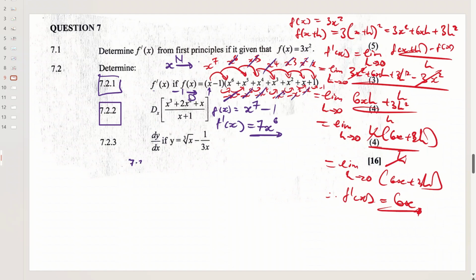This is 7.2.2. You're given x cubed plus 2x squared plus x, all over x plus 1. Remember, this is a trial question paper. So now look what's really happening. X becomes your common factor in the numerator there.